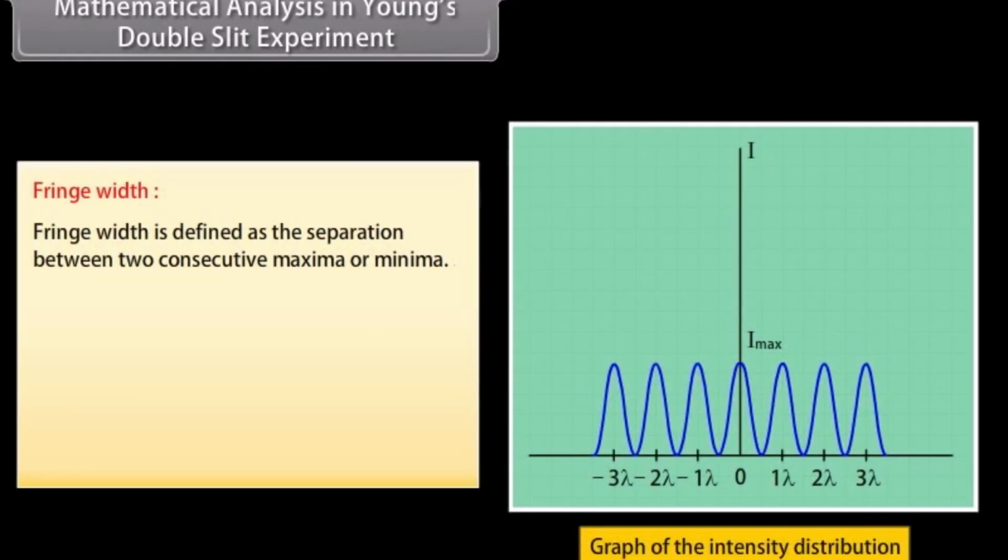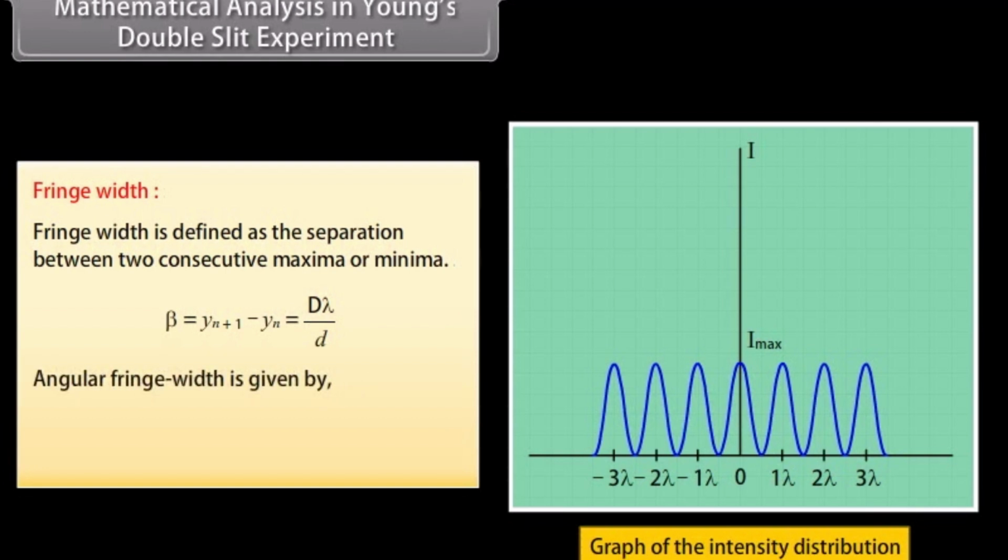Fringe width is defined as the separation between two consecutive maxima or minima. Beta is equal to y(n plus 1) minus yn, which is equal to capital D lambda upon small d.